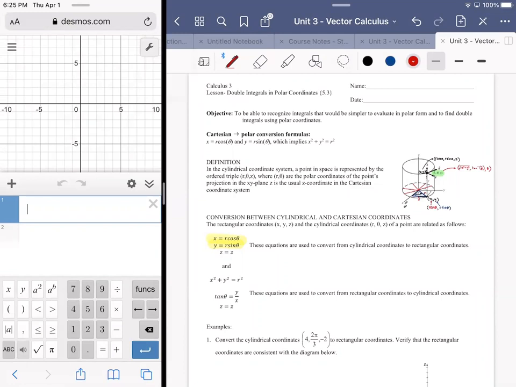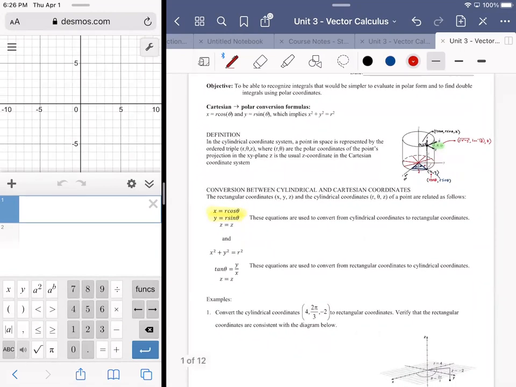I posted a solution to it, but it was kind of to set us up for this unit. It's better served if you work that problem in either cylindrical or spherical coordinates, which we're going to get to in a little bit. So we'll come back to that one when push comes to shove.